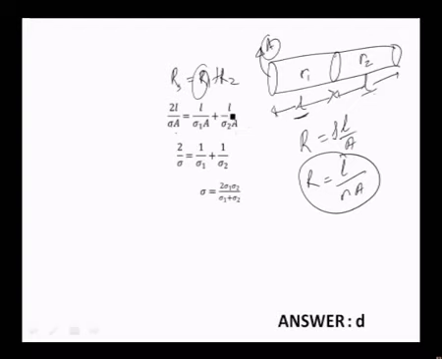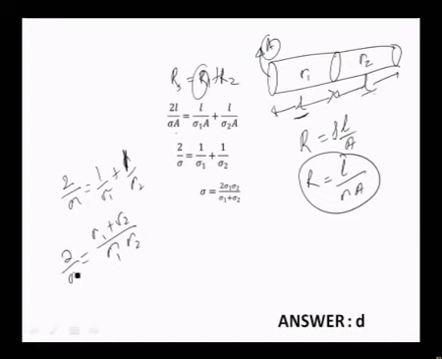Here the length is the same, identical, the area is the same, take it common and cancel each other, we get 2 divided by sigma equals 1 divided by sigma 1 plus 1 divided by sigma 2. Now by doing this simplification, you are going to have sigma 1 plus sigma 2 divided by sigma 1 sigma 2, that is equal to 2 divided by sigma.